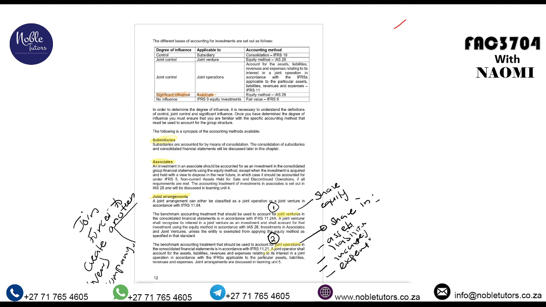When we do the consolidation topic, I'll show you how joint arrangements kick in, and we're going to do more on that. Just keep in mind that for associates and for joint ventures, we use what is known as the equity method.